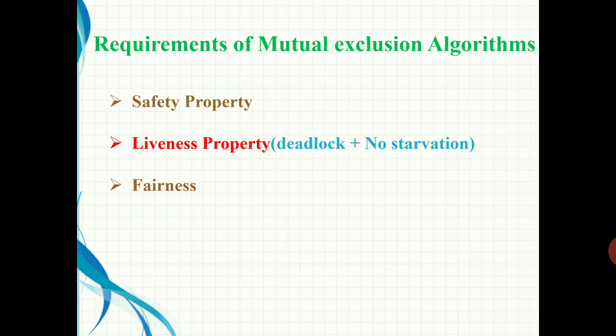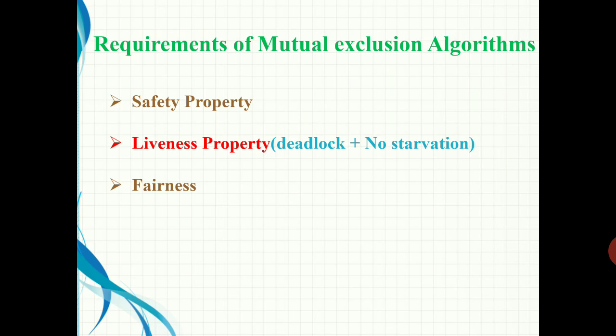But coming to the liveness properties, they deal with no deadlock and no starvation. In the Ricart-Agrawala algorithm, there is a chance of deadlock. Deadlock means two or more sites endlessly wait for messages which will never arrive.